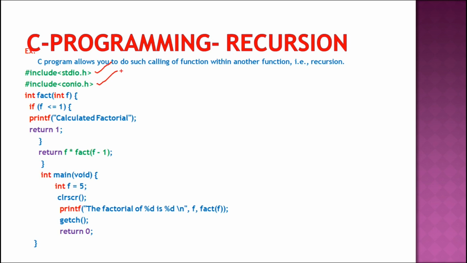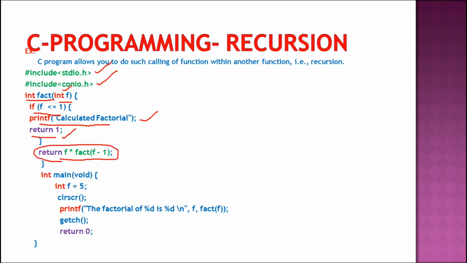Then we declare our integer type factorial function, and we declare the argument as the integer f, and we have the if condition. If f is less than or equal to 1, we ask to print calculating the factorial and return the value if this function executes successfully, and otherwise we ask to return the value f into factorial of f minus 1.